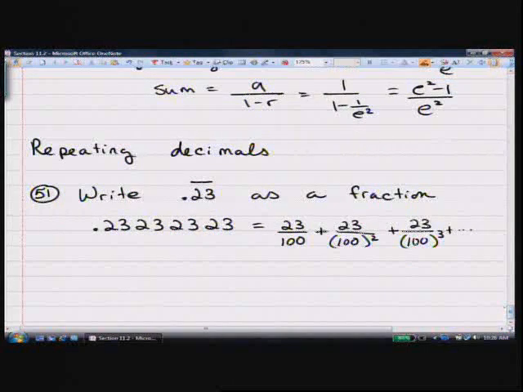And you can see that this is a geometric series, and your R is what? What is your R on that? Well, if you divide this by this, what do you get?